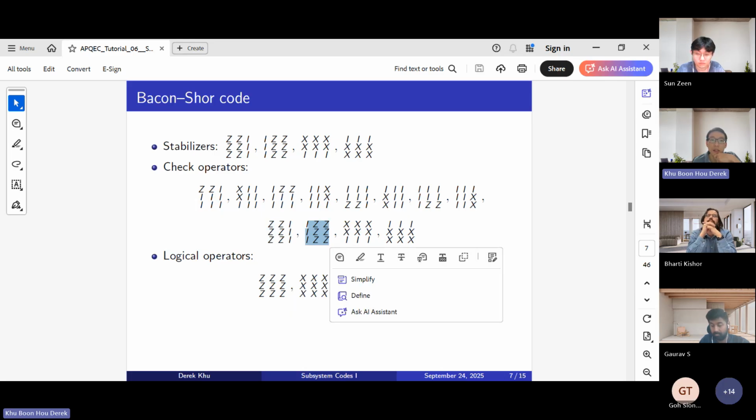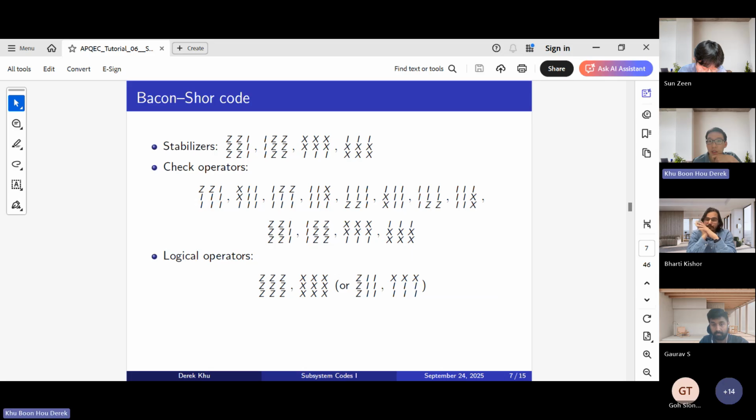And same for this guy. This could be obtained from this third operator times this second-to-last operator on the first row, and the middle 2 and the 5th and the 6th Z operators. And we could do the same for the X's.